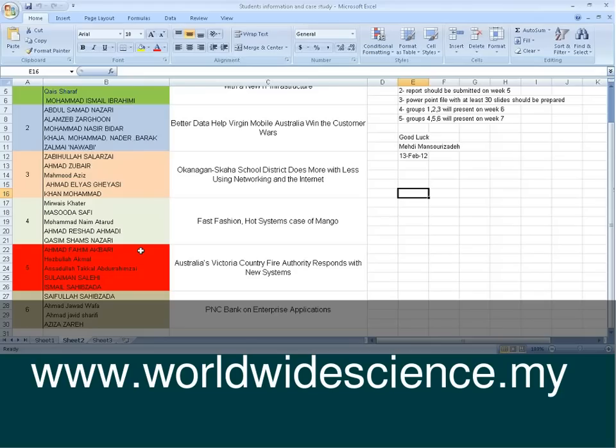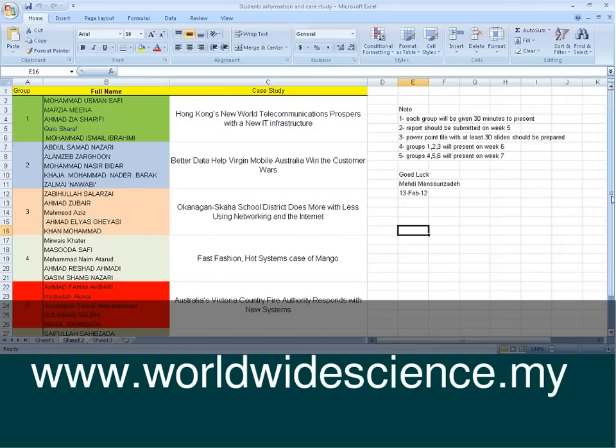And each group is given a case study. As you know, you're supposed to present your case study on weeks 6 and 7. I put some notes here for you. Each group will be given 30 minutes to present. The report should be submitted on week 5, one week in advance. You have to support your report.